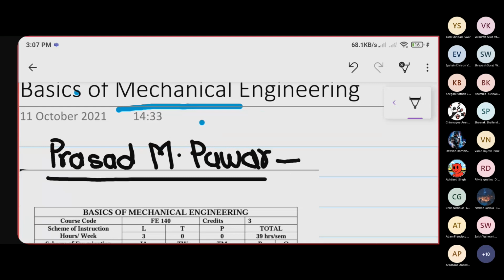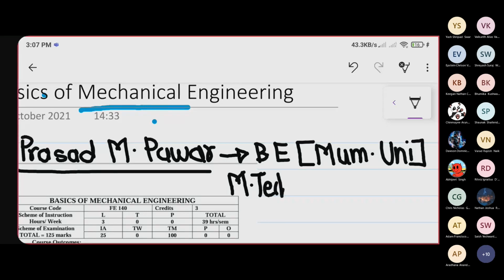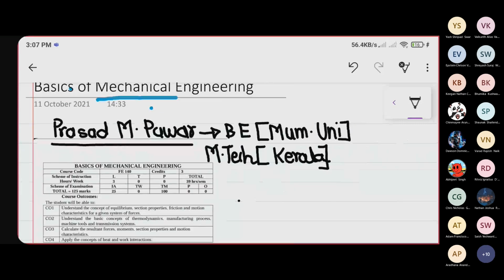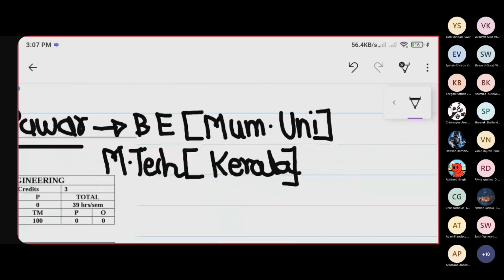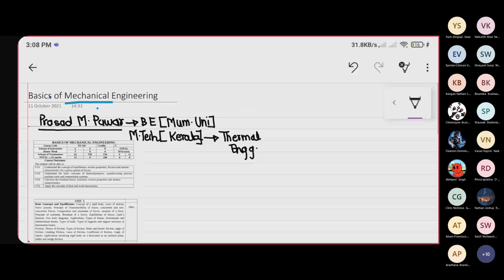I have completed B.E. from Mumbai University, and M.Tech from Government College Kerala. My master's is in thermal engineering. So that is all about me.